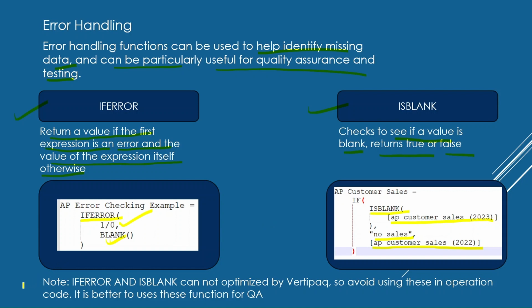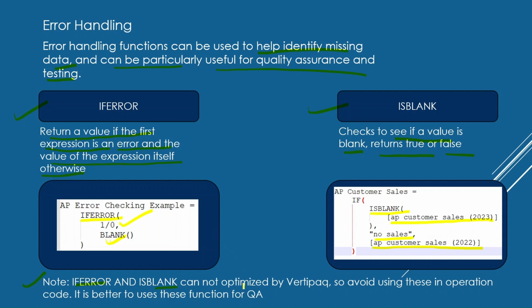This is very important. IFERROR and ISBLANK cannot be optimized by the engine. So whenever we use the IFERROR and ISBLANK functions, it will take some time to evaluate because these two functions cannot be optimized.